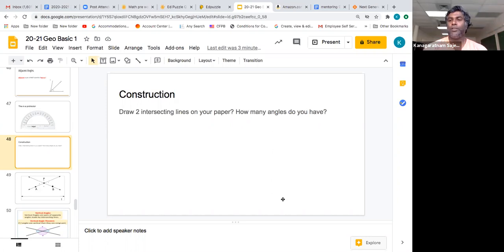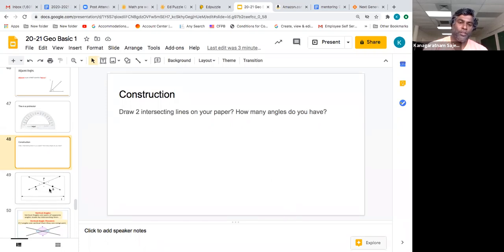From one point there are two opposite rays going out, which is one line. And you will have two lines intersecting. Everybody knows intersect, I believe. That means it's crossing through or meeting in one place, okay?